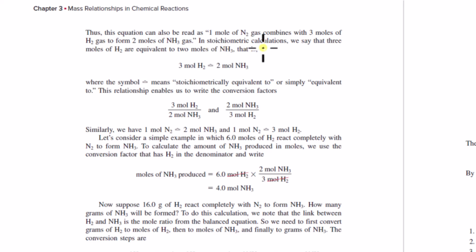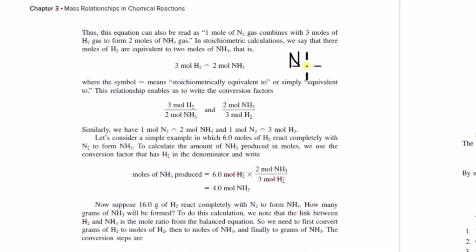In stoichiometric calculations, we say that 3 moles of H2 are equivalent to 2 moles of NH3. This is called a stoichiometric equivalency, where the symbol means stoichiometrically equivalent to, or simply equivalent to. This relationship enables us to write these conversion factors.